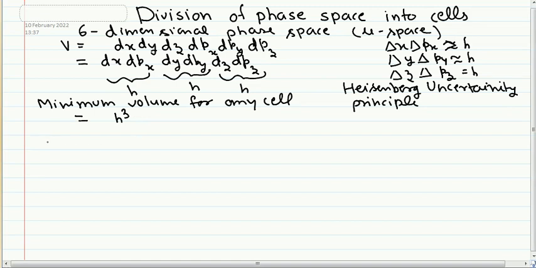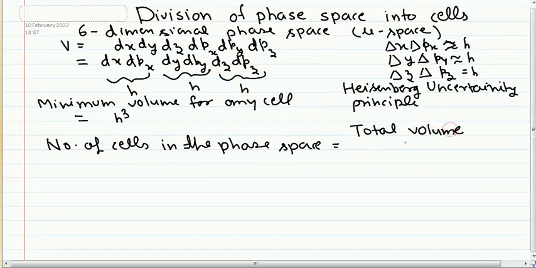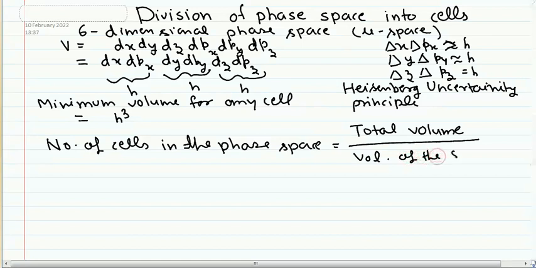So what will be the number of cells in the phase space? That is the total volume divided by the volume of the smallest cell.